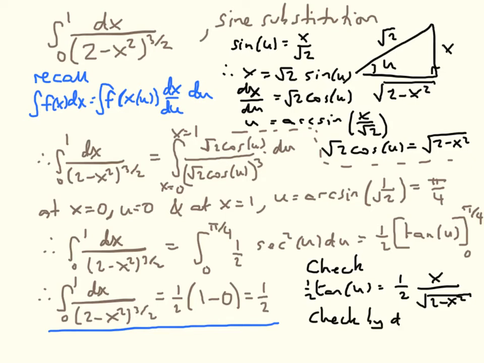If we differentiate this result with respect to x, this is the indefinite integral, we should get 1 over 2 minus x squared to the 3 halves, and that's a good thing to check. And with that, I'll move on to the next integral.